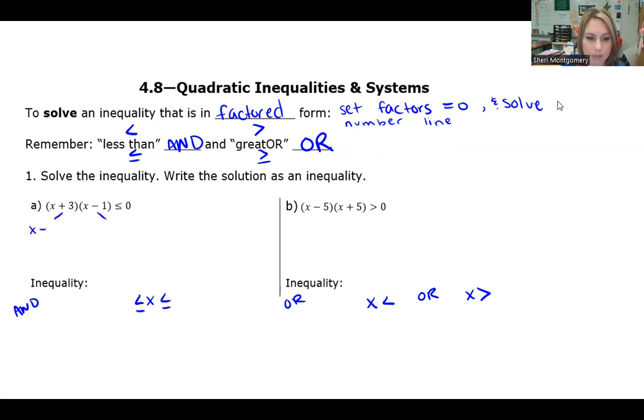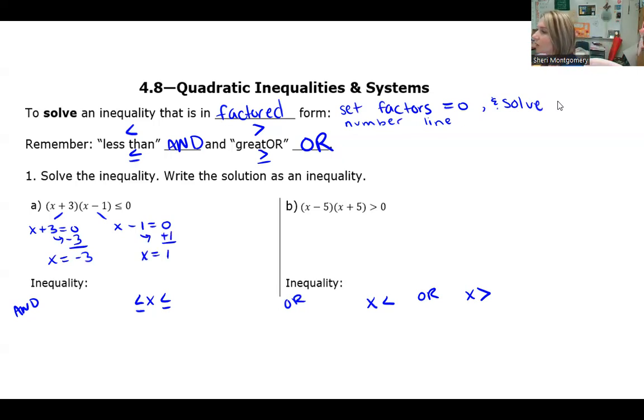So I get x plus 3 equals 0, x minus 1 equals 0. These are both one-step equations. They're super easy. So x plus 3 equals 0. I need to subtract 3. So x is equal to negative 3. X minus 1 equals 0. I need to add 1. So x is equal to 1.